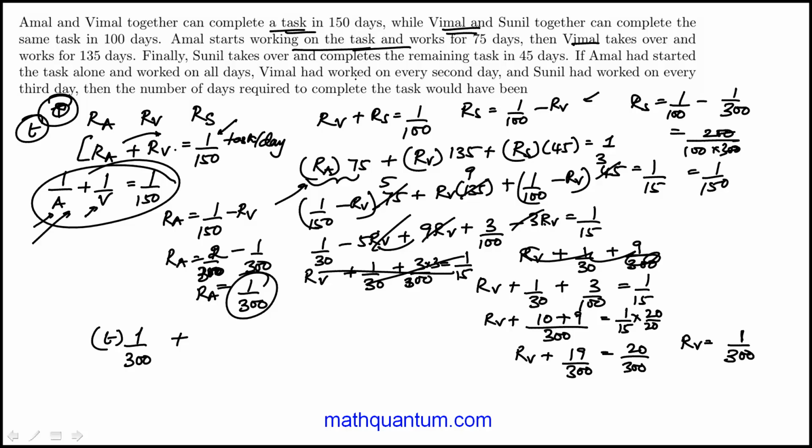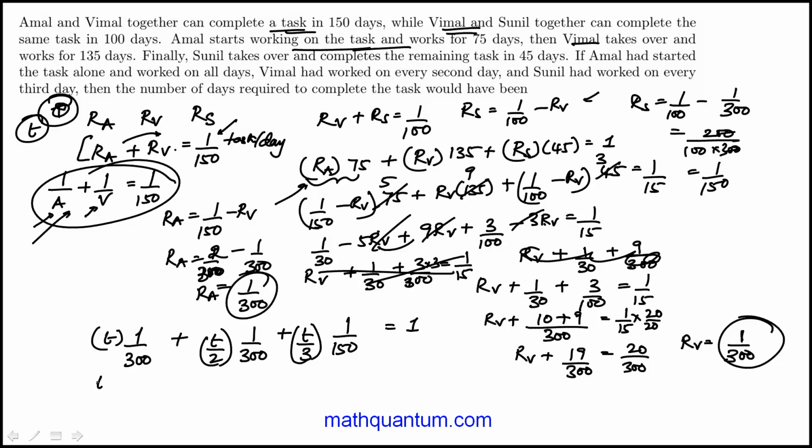Then we say Vimal had worked on every second day, so half of the days, so t over 2, and Vimal's rate is 1 over 300. And then finally Sunil worked on every third day, so a third of the time, so 1/3 of t, and the rate is 1 over 150. And we want this to be equal or greater than 1.